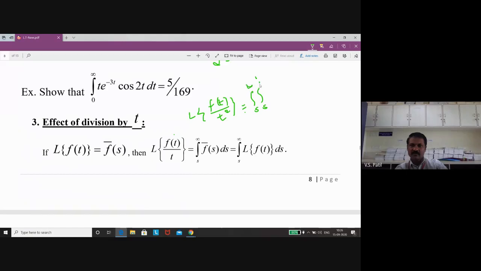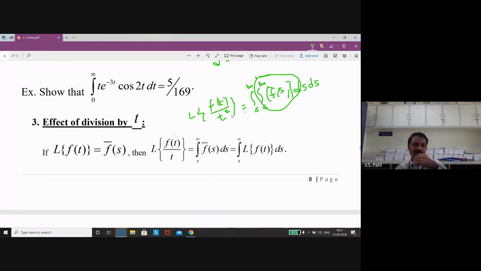Integration s to infinity of f bar s with respect to s, with ds and ds. So you will get some quantity here, and once again you have to integrate that. Like that, if you go on increasing the power, t cube, triple integral, t raised to 4, four times integral.